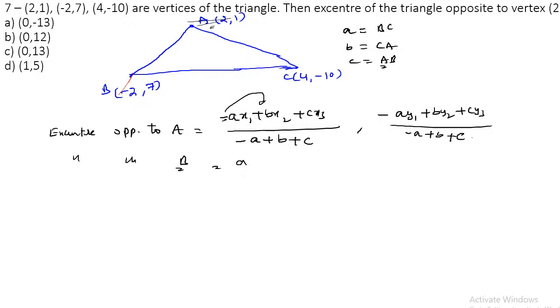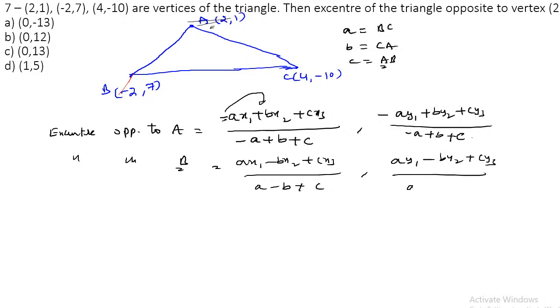So it becomes AX1 minus BX2 plus CX3 by A minus B plus C, comma AY1 minus BY2 plus CY3 by A minus B plus C. This is the excentre opposite to vertex B. If they ask for the excentre opposite to vertex C, we shift this minus sign to here.